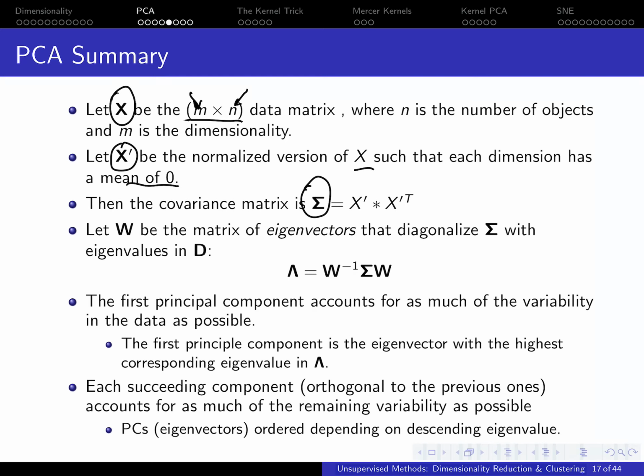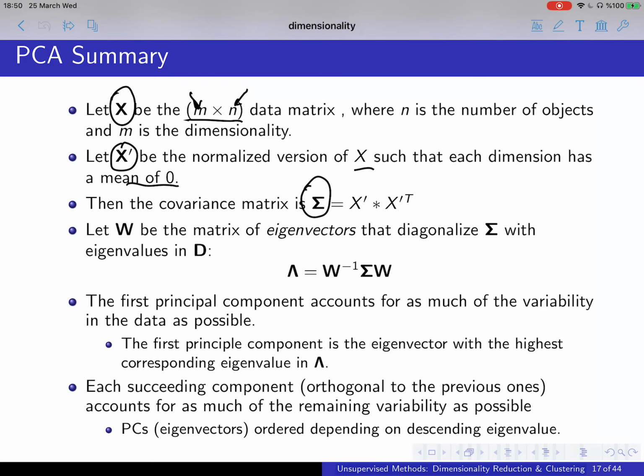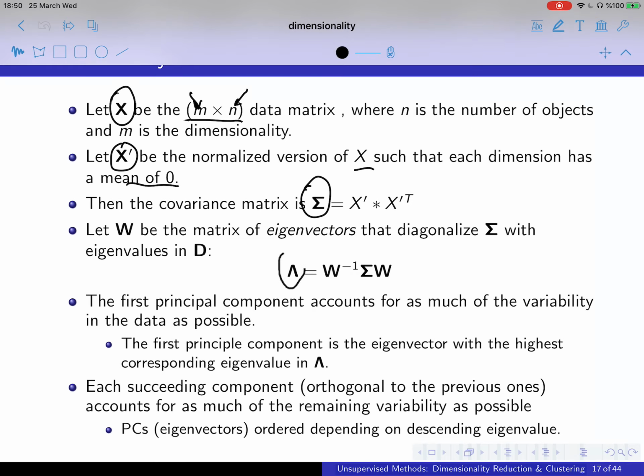So when you look at it, you get a vector of lambdas, the eigenvalues, and a matrix of eigenvectors. And you look at the eigenvector with the highest eigenvalue, and that essentially is the dimension in which the data is most stretched, so to speak.